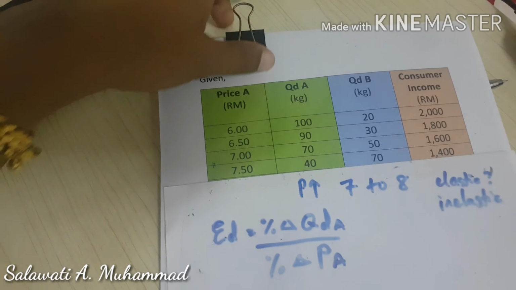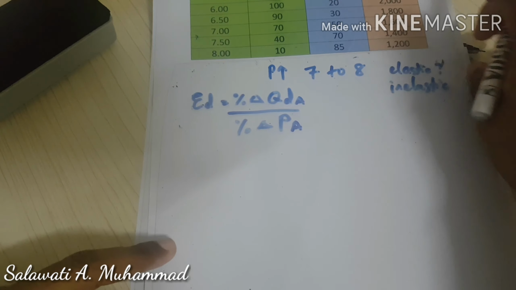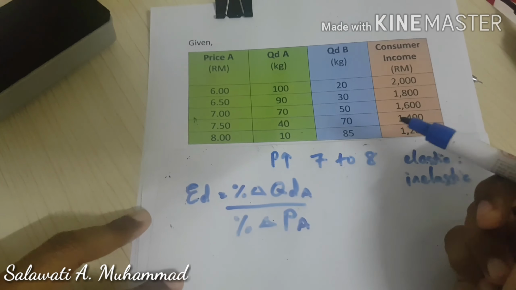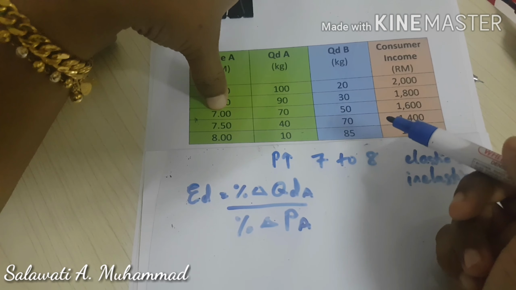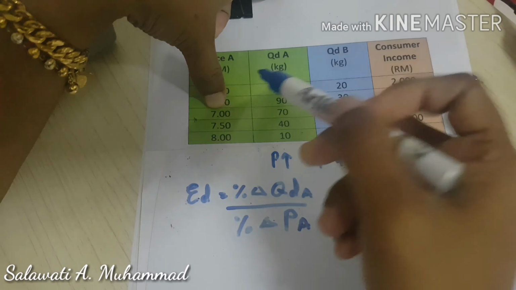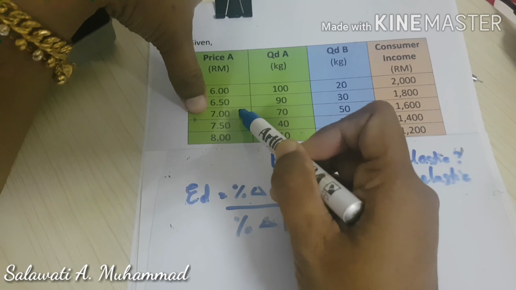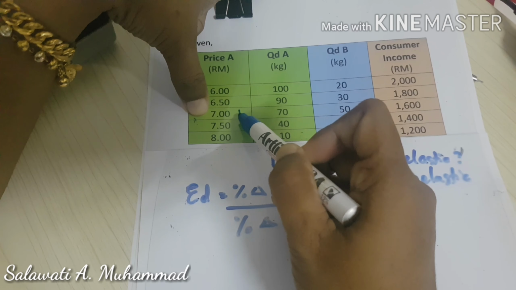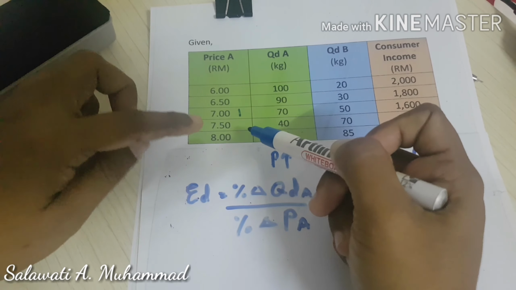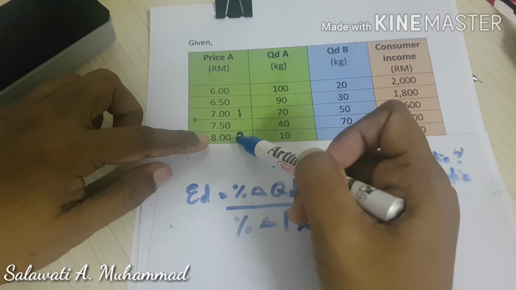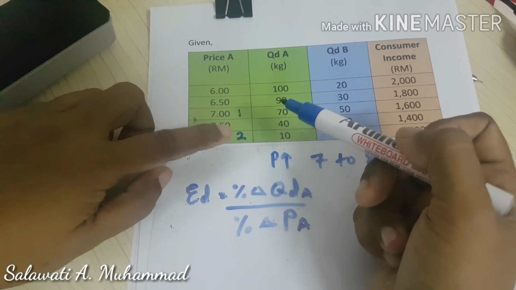Okay, now we go to the calculation. We talk about the price increase from 7 to 8, meaning 7 is the old price, which we label as 1, and 8 ringgit is the new price, so we label it as 2.